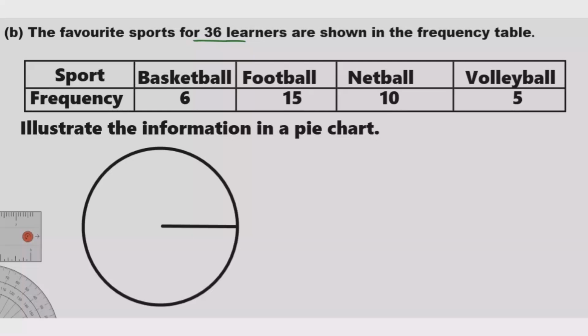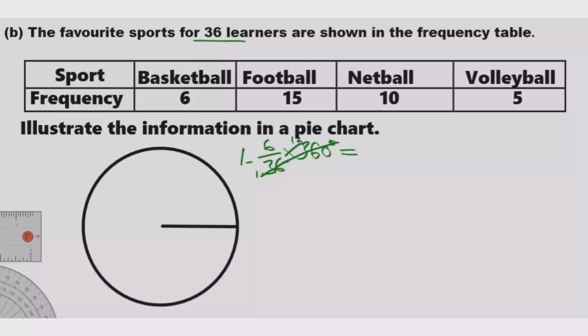So that means we can have a fraction for basketball, which is 6 over 36, times the total amount of degrees, which we said is 360 degrees. Then we put the equal sign there. Okay, so to find the value of these degrees, we evaluate that. 36 into 36 is 1. 36 into 360 degrees goes 10 times.